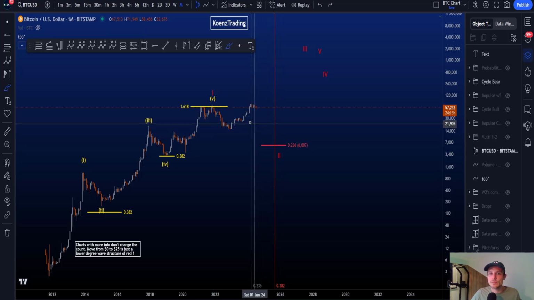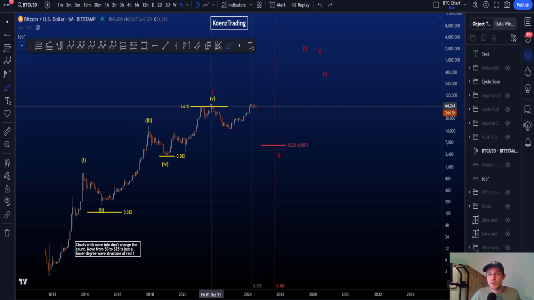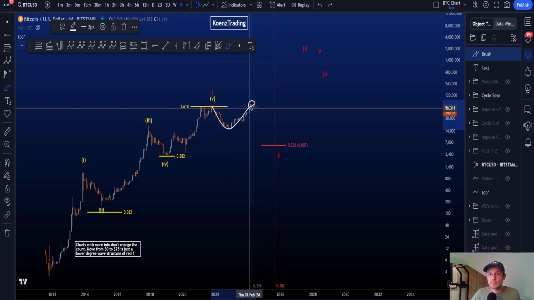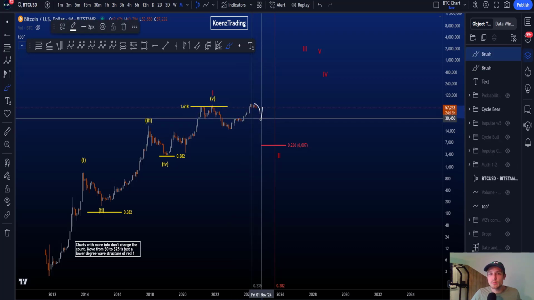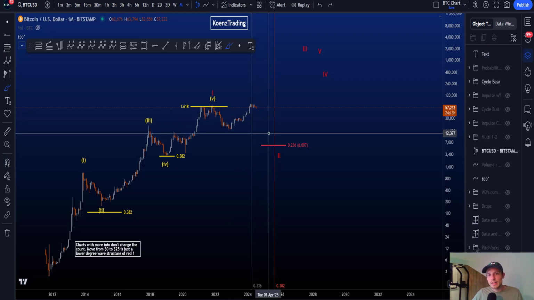Now, in this case, preferably, you are going to be looking for a regular flat A, B, preferably finished, and a C to the downside, creating a 3-wave structure over here. And then you look for an impulse to the downside. It does have the lowest probabilities, as covered in the daily content many times when covering the weekly and the daily scenarios, right? But by all means, it is at least something we got to keep in mind.